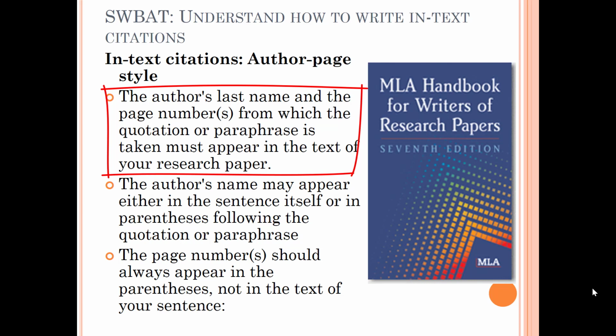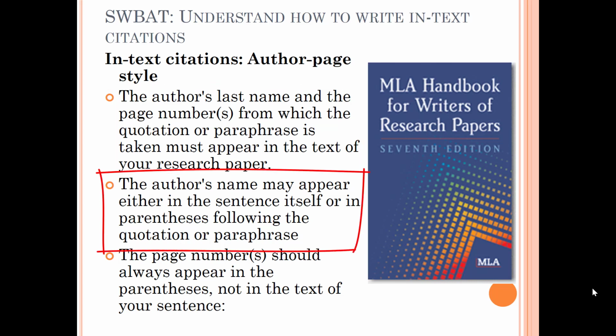So at this time, it's important to remember that even when you have written something in your own words, you are still going to have to provide an in-text citation for that information. Rule 2. The author's name may either appear in the sentence that you are writing or in parentheses following the quotation or the paraphrased information.